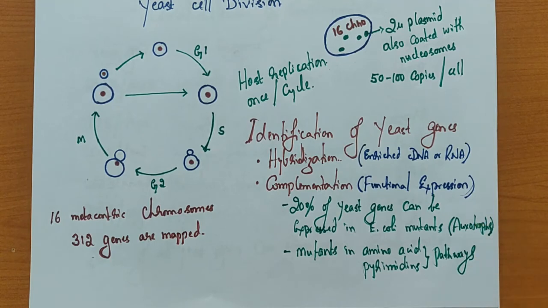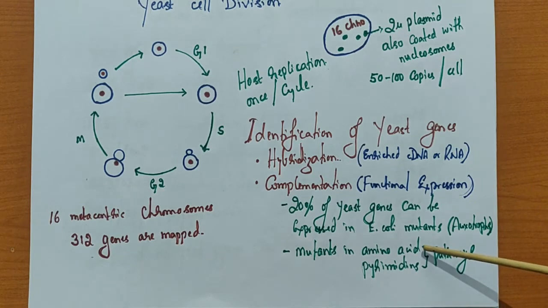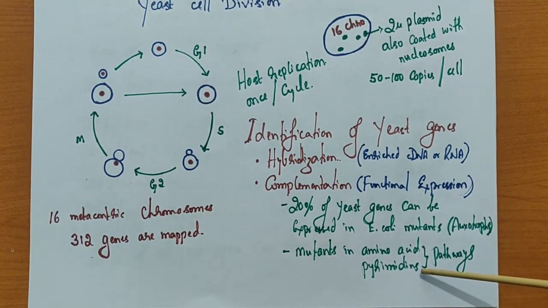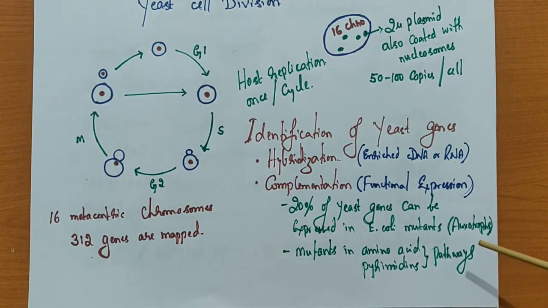Now the most important point is that in the case of auxotrophs, it is usually a mutation in the pathway of an important amino acid, or a pyrimidine, which is a nucleotide component. In the case of an essential amino acid, in the absence of that amino acid the microorganisms, either the yeast or the bacteria, do not grow, basically because a key enzyme is lacking.